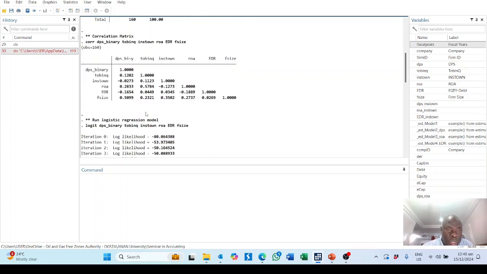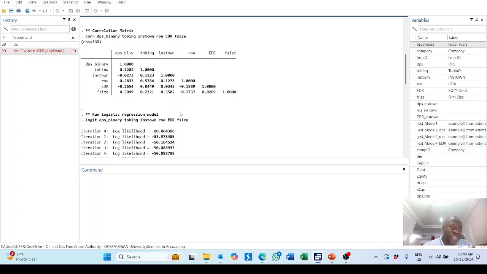The correlation matrix is as shown here. You can see that Tobin's Q is positively correlated with the binary outcome, that's the dividend binary, the likelihood of a dividend. Whereas institutional ownership is negatively correlated.